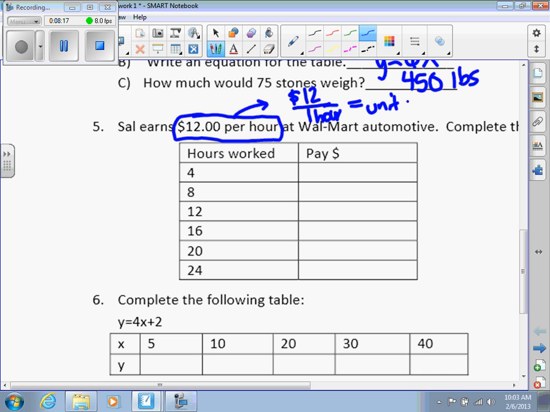That's a unit rate. I hope you're getting this down because you have 2 activities you're going to do that we have to do all this. If we know the unit rate, that's also the constant. So what would the equation be? Y equals 12x. We get all of that from just that one little statement.